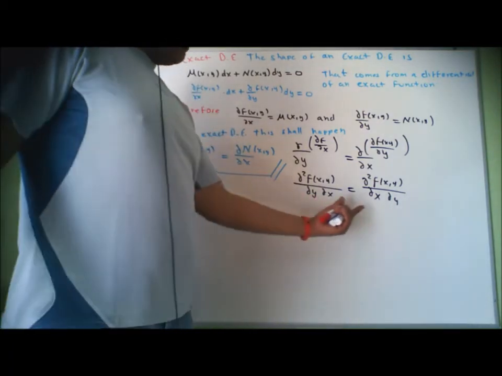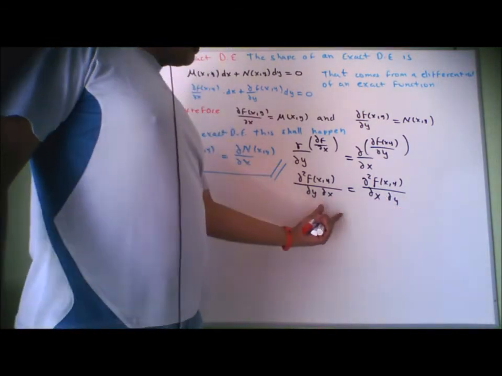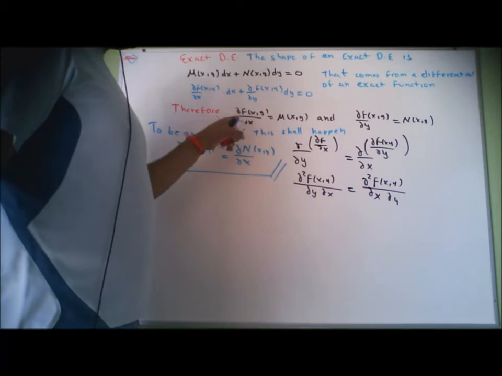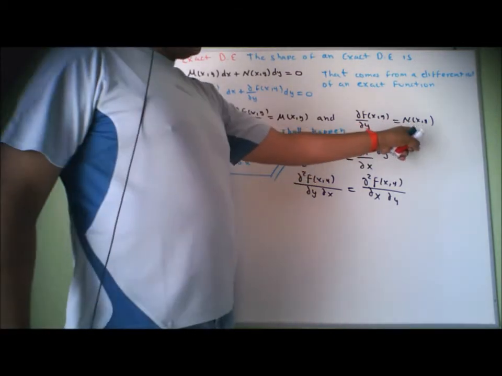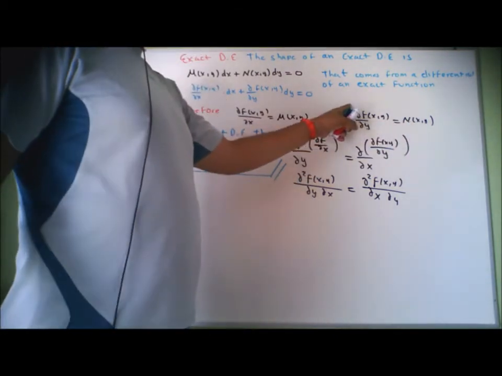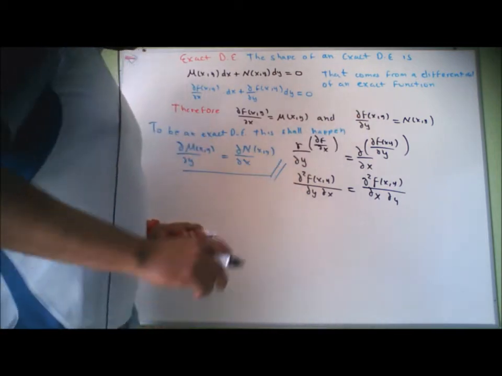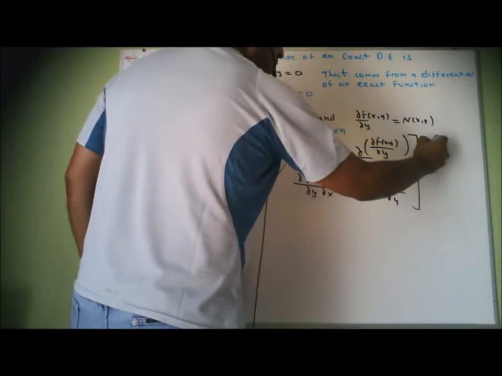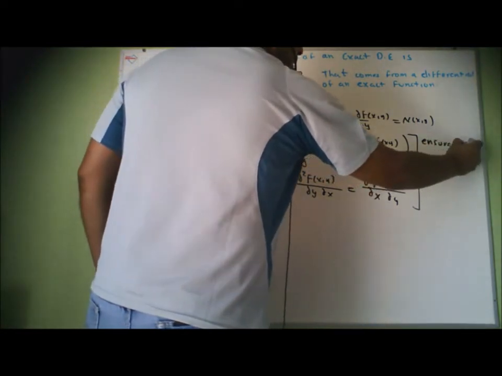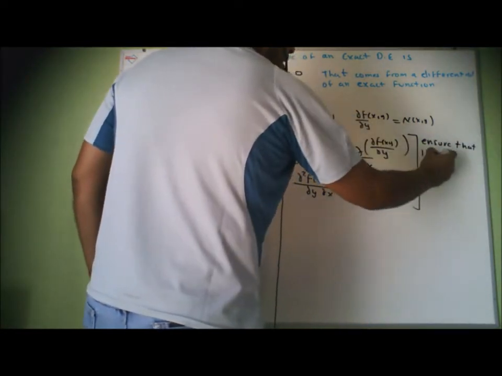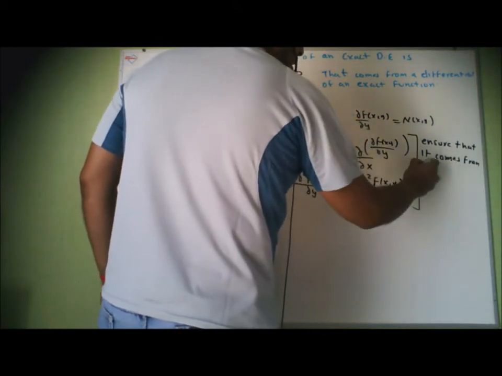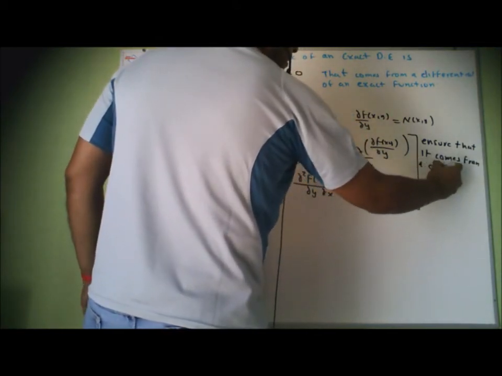And because they happen to be the same, M comes from the partial of the function with respect to x, and capital N comes from the partial of f with respect to y. So with this, you ensure that it comes from a differential.